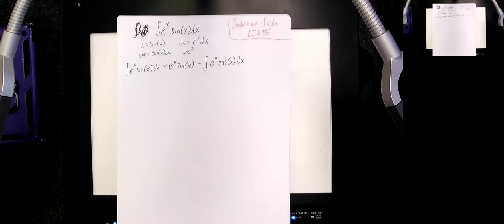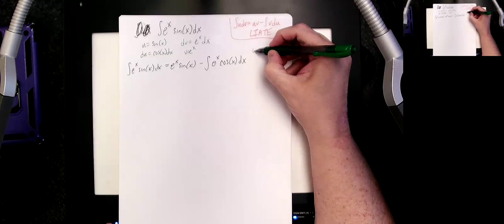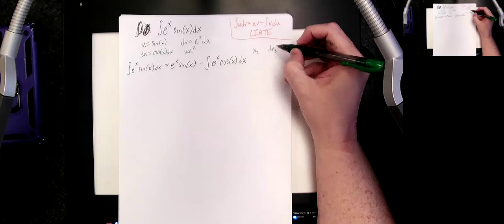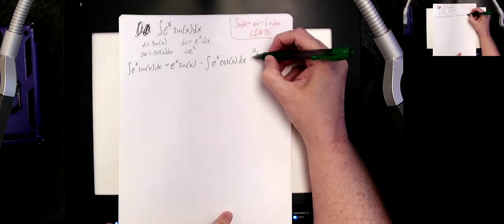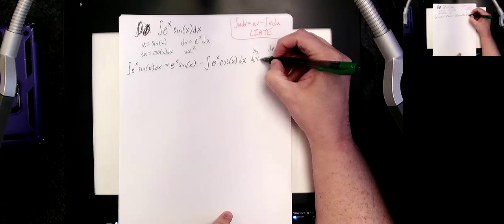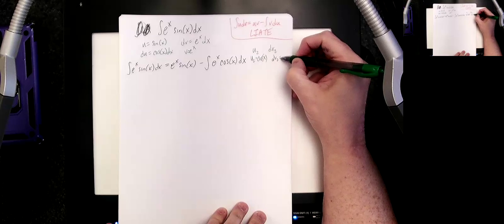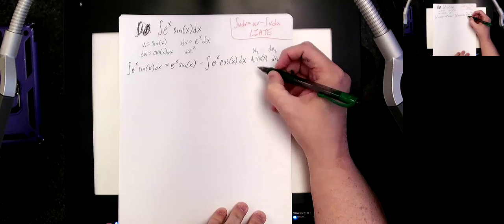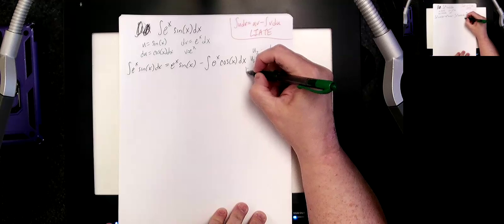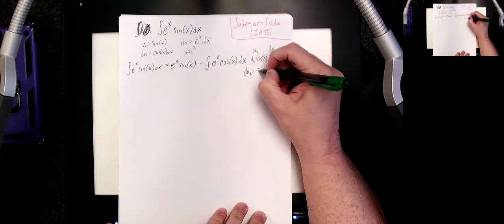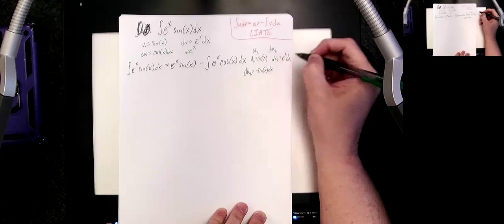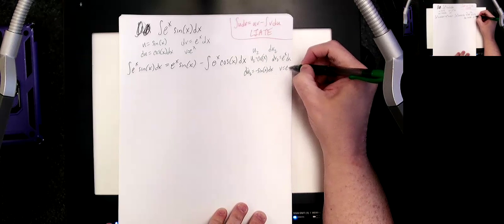And you're like, that doesn't look like it helps, right? Let's keep going. Let's do a u2 and a dv2. Let's make u2 equal cosine x now, and dv2 equals e to the x dx, so that du2 is negative sine x dx and v equals e to the x.